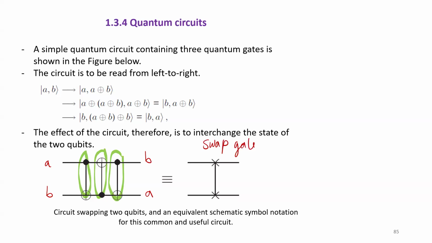So this is a swap gate, where you start with A and B, but you end up with B and A here. So this is an example of how we can build a circuit, and that circuit is made of just the same units, which is the C naught.